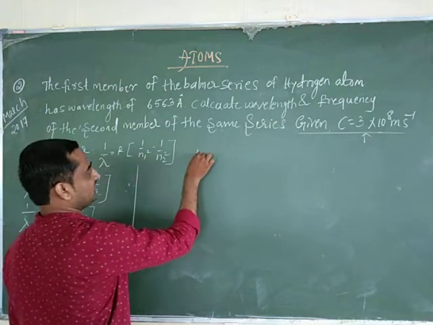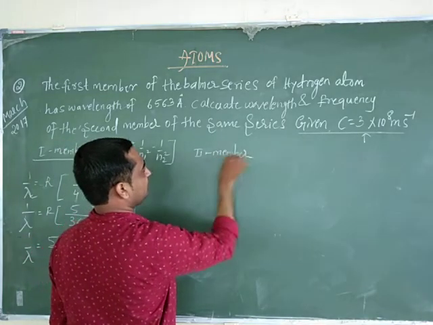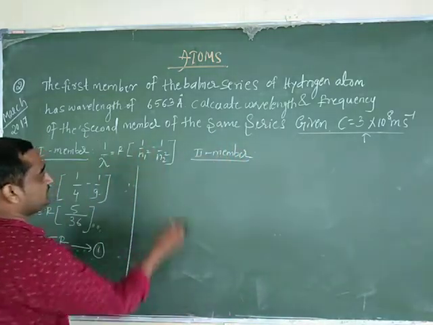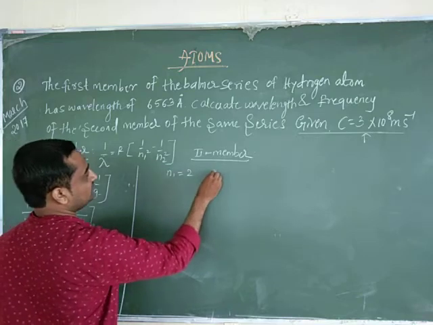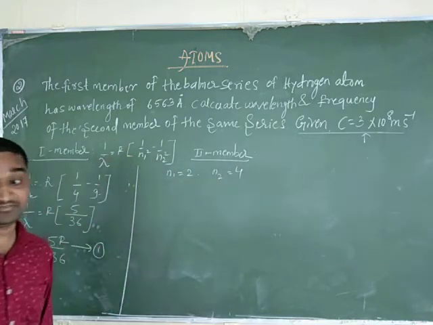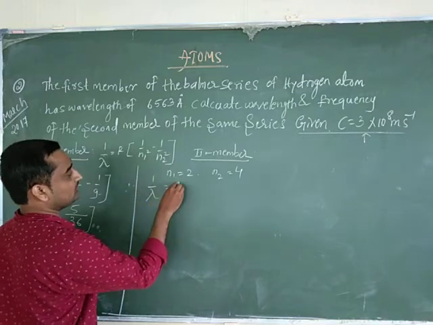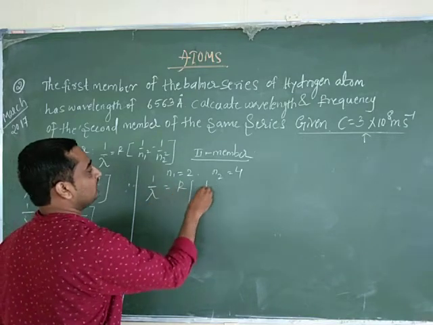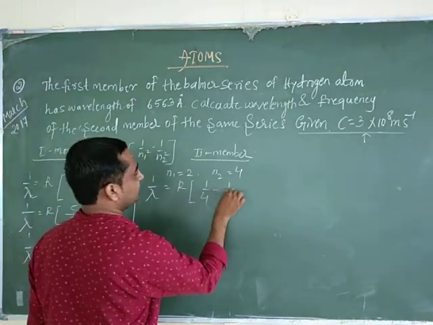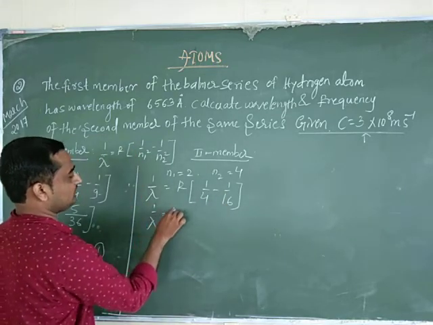For the second member, what is the value of N1 and N2? N1 is equal to 2, it is the same, and N2 is equal to 4. Again 1 divided by lambda is equal to R into 1 divided by 4 minus 1 divided by 16.